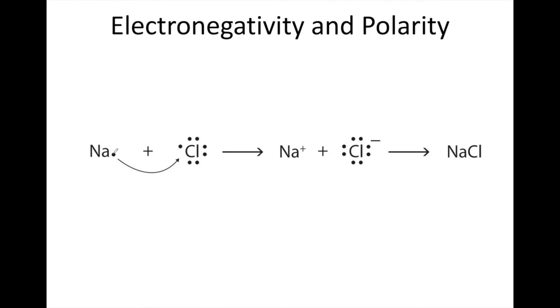So here you can see sodium has one valence electron. Chlorine has a much larger electronegativity, so it will actually pull that electron off of sodium. It won't be shared, it will be pulled off and transferred, giving us a sodium cation and a chloride anion, and therefore an ionic compound.